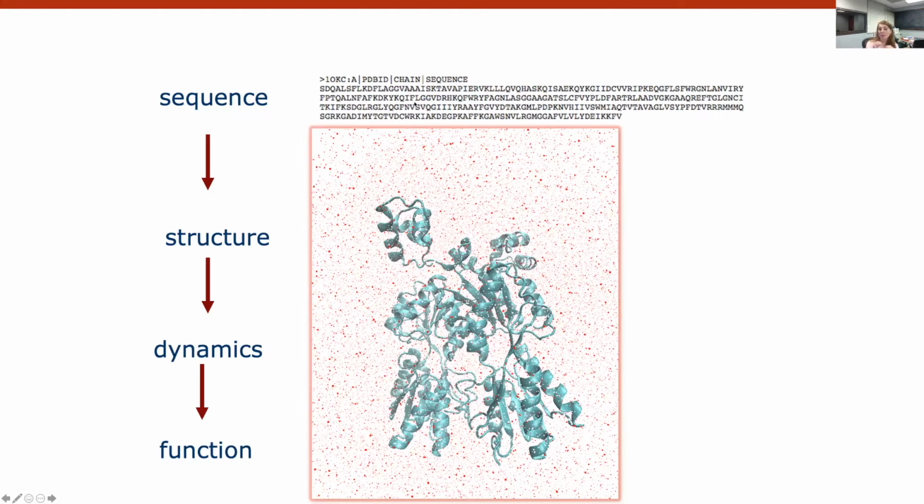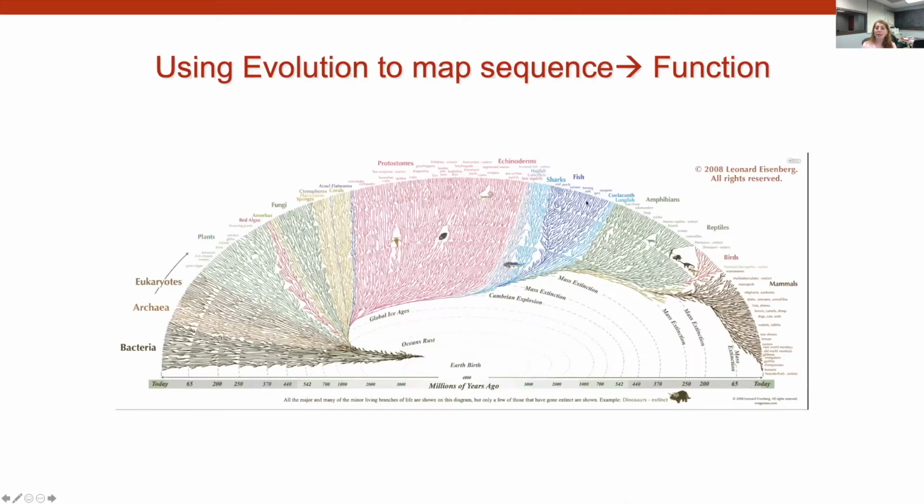But if you make specific mutations, then you modify that function, and that's what evolution did, right? Over 3 billion years of these Monte Carlo steps, evolution generates, starting from the same ancestor, diverse functions, and this is what we really want to understand: how evolution builds and generates this diversification of function from a minimal number of proteins.